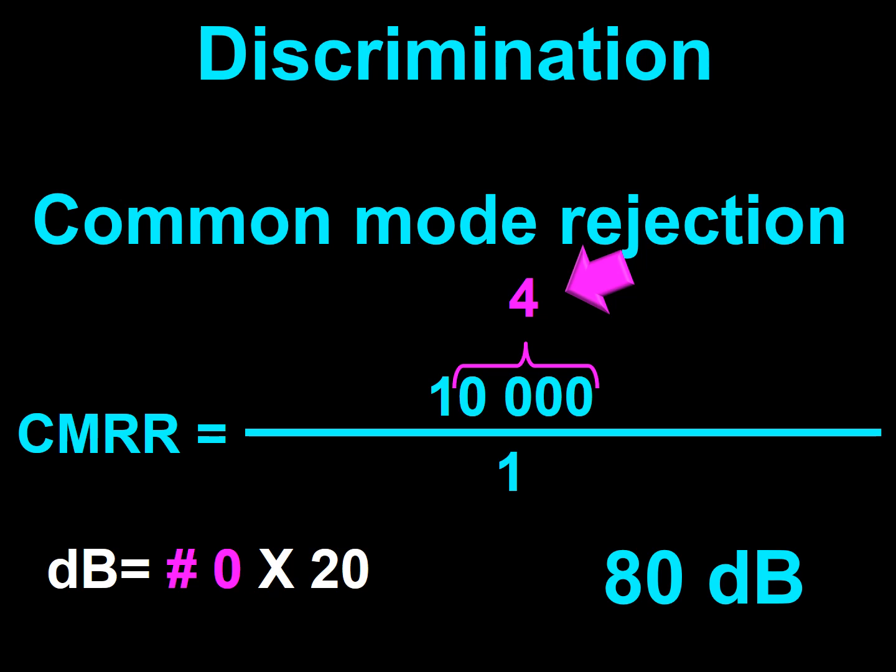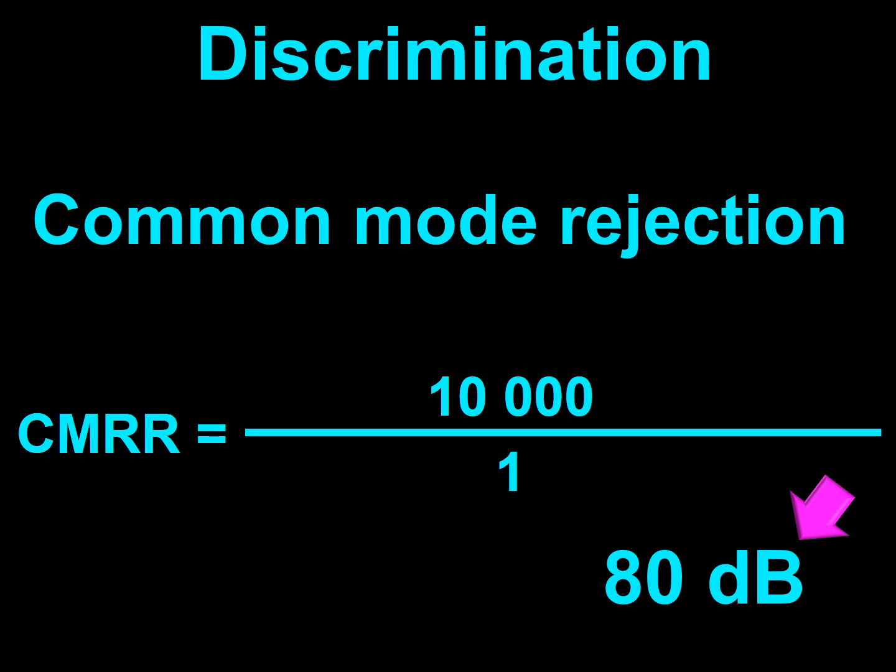As you can see, here we have 4 zeros. We take the 4 zeros and multiply them by 20, and obviously this is equal to 80. So we say that such an amplifier has 80 decibels. 80 decibel is a good rejection mode.